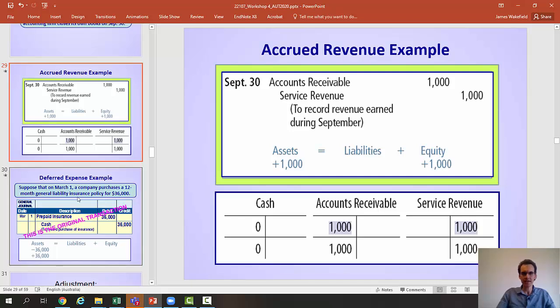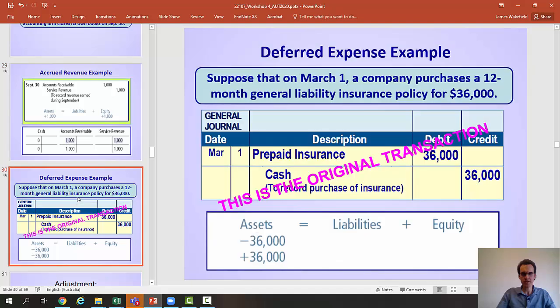Okay, so there's a couple of examples on adjusting entries. Let's move on to this one, and let's have a look at a deferred expense example. So suppose on March 1, a company purchases a 12-month general liability insurance policy for $36,000. So this is on March 1.